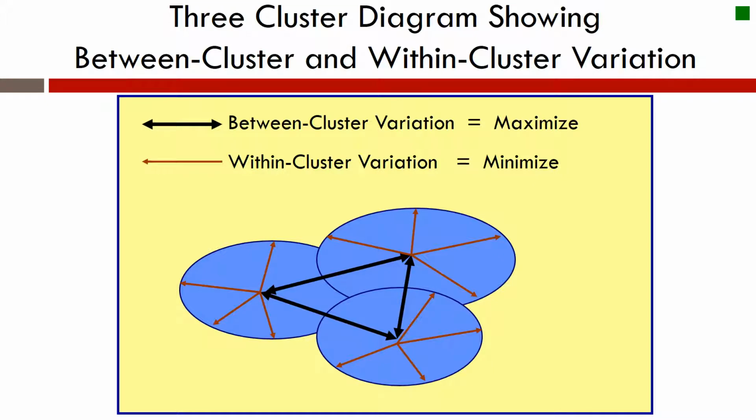Graphically, if you can imagine these circles below as being different clusters or different market segments, we look at the red indicator lines, and those would suggest relationships within the cluster. In the center of each of these clusters is a little center area where all the red arrows meet.